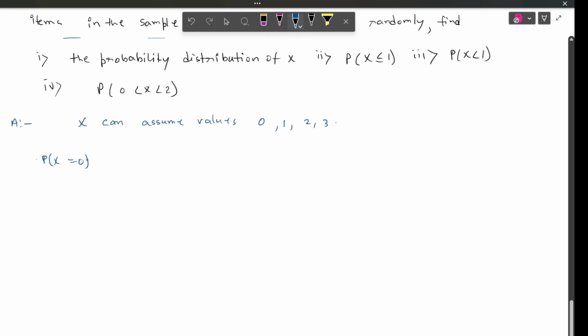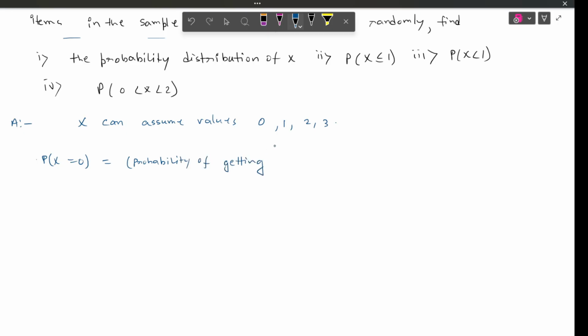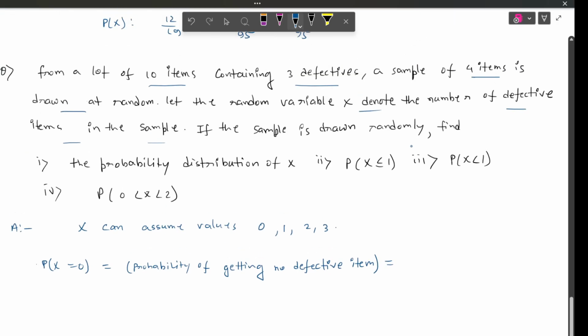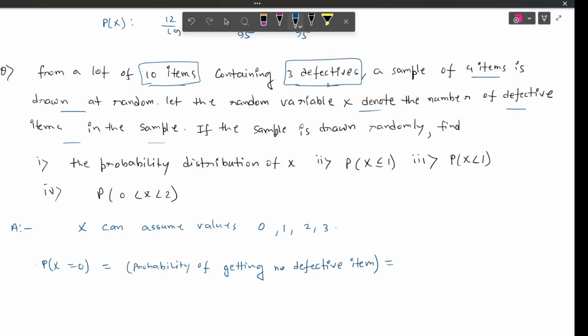Probability of X equals to 0. That means probability of getting no defective item. You have drawn 4 items from 10 items. From 10 items, there are 3 defective items.